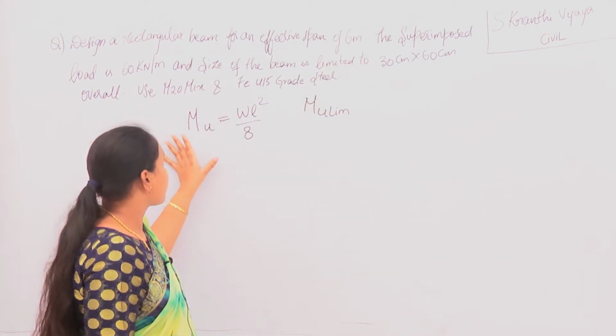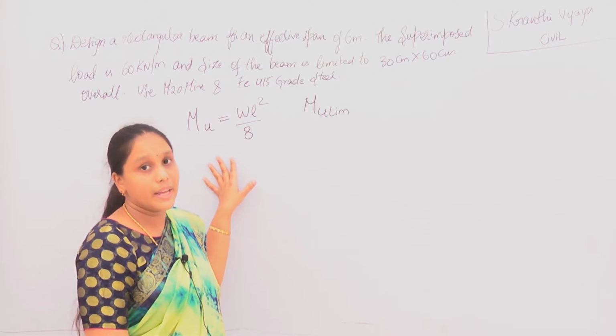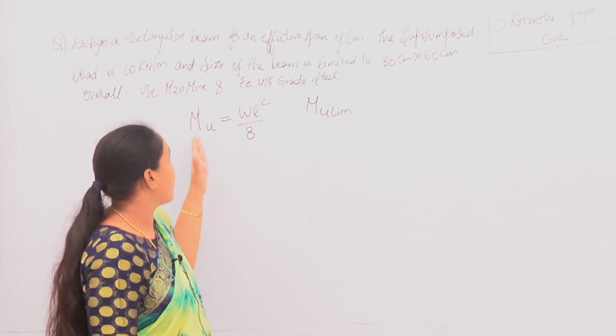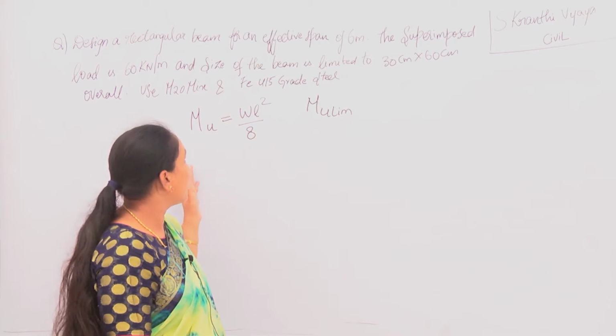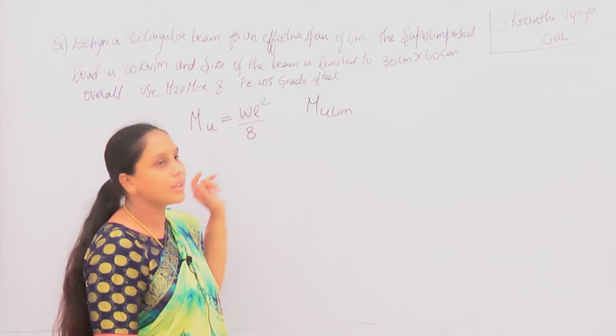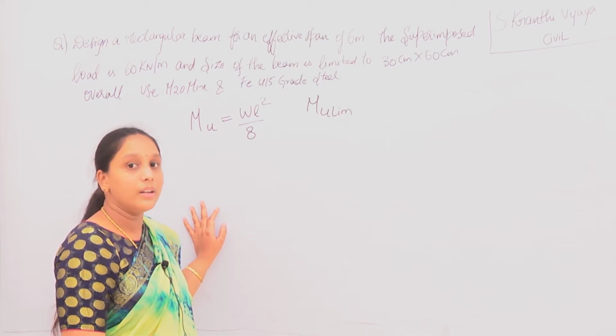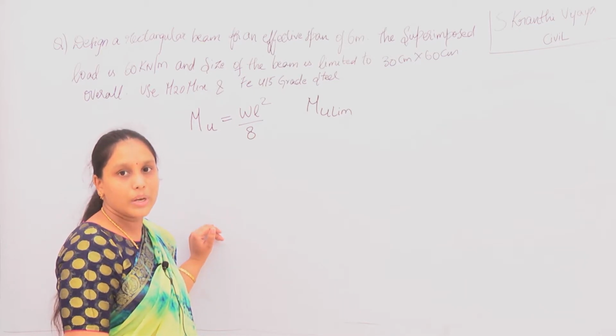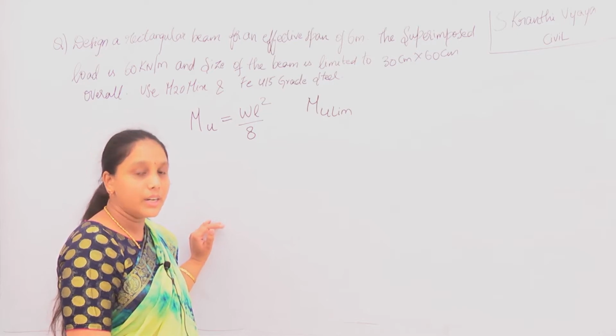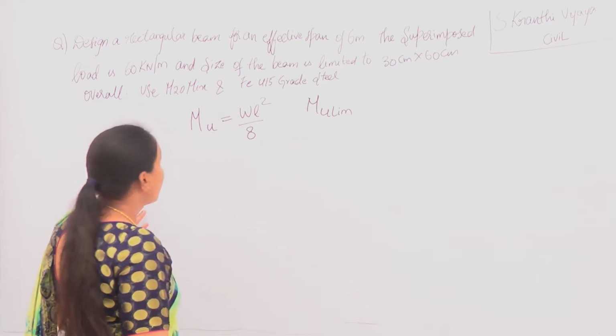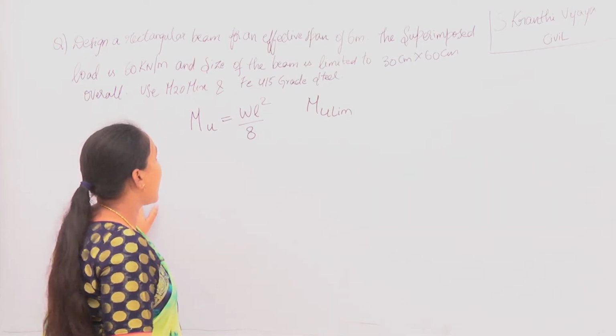6 meters, divided by 8, will give you the factored bending moment. So for finding out the factored bending moment, what is the unknown here? The first unknown is the W. W here is nothing but the factored load. So first we'll find out the factored load. What are the two types of loads we have here?